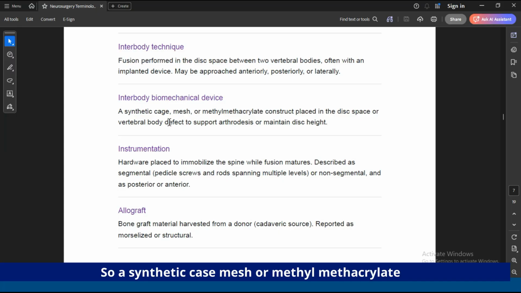Okay, so a synthetic cage, mesh or methyl methacrylate construct placed in the disc space or vertebral body defect to support arthrodesis or maintain disc height. Okay, so during the interbody fusion, physician will place the PEEK or polymethyl methacrylate construct in between the two vertebral bodies to compensate the removed intervertebral disc.